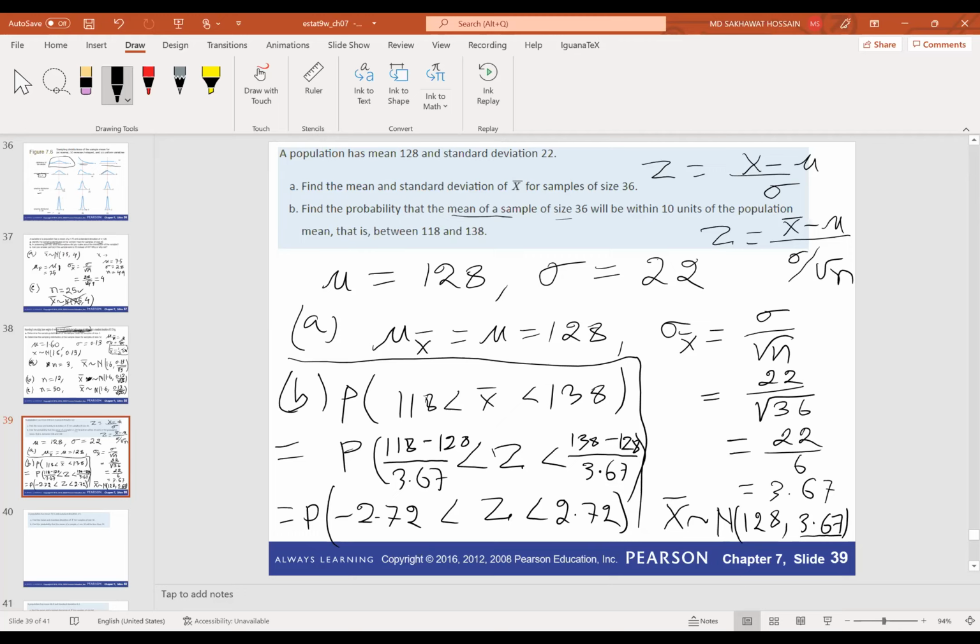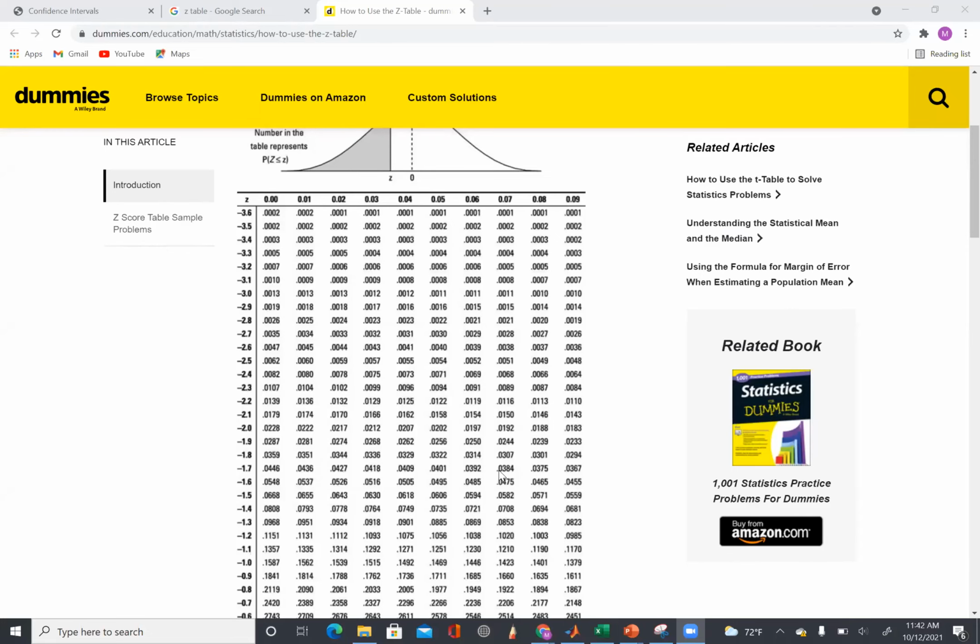Okay, so let me check. Let me look at the Z table. Yeah, so let me share the Z table with you. Can you see the Z table?